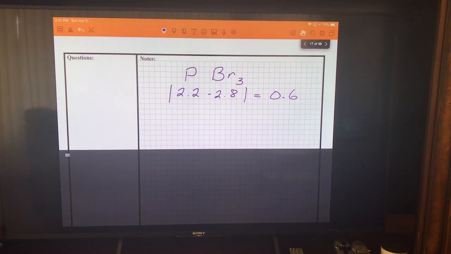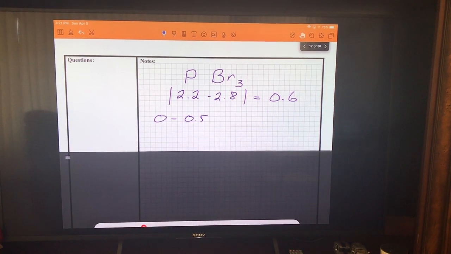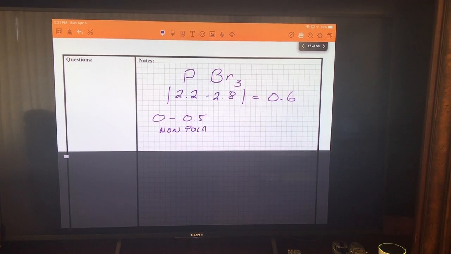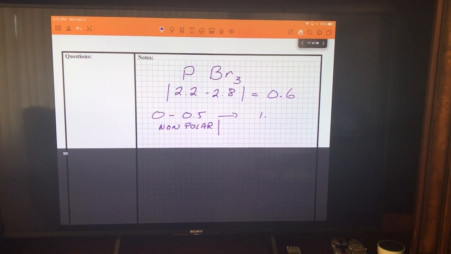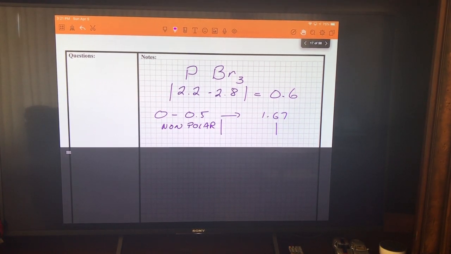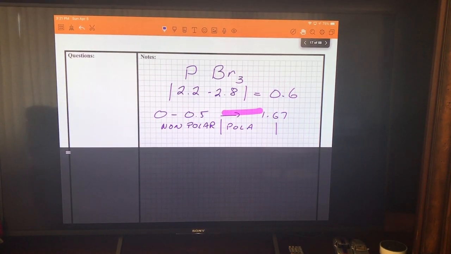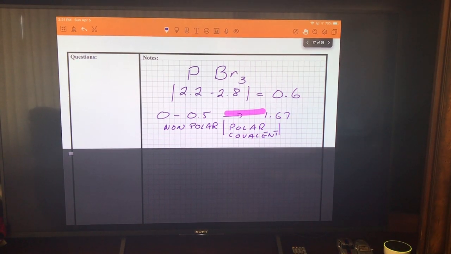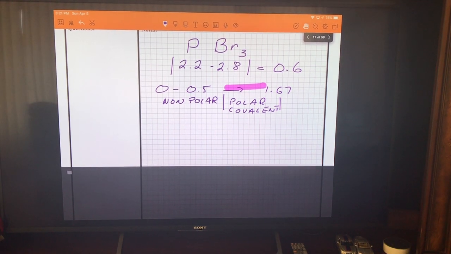Our cutoff, if you remember, is things that went from 0 to 0.5 were non-polar covalent. And since this one is less than 1.67, it is in this area, and so this is a polar covalent molecule. So polar covalent.